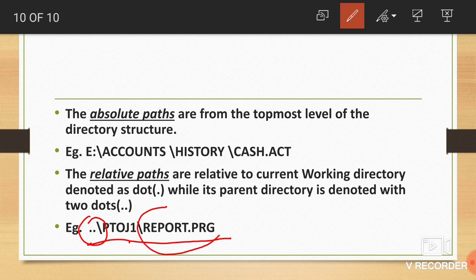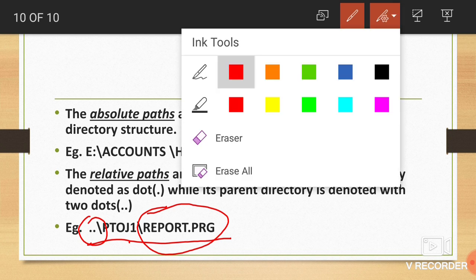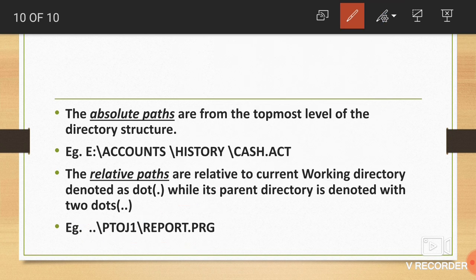It is relative to only the current working directory and file. अब 2 dots दिए हैं मतलब उसके पहले भी कुछ रूट डायरेक्टरी है. It also has a parent directory, which is denoted by the 2 dots. Okay, but it is related to the current working directory only.